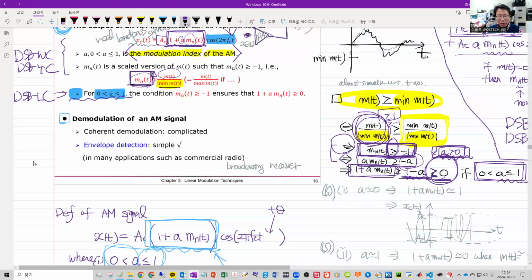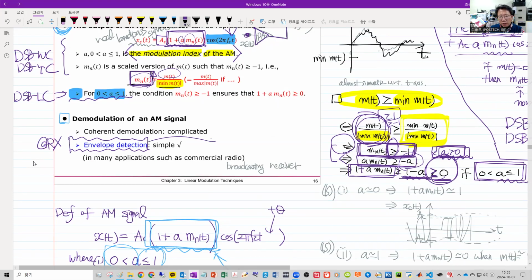Otherwise, we will not move from DSB-SC to DSB-LC. And the most important thing is that at the receiver, we can perform envelope detection.